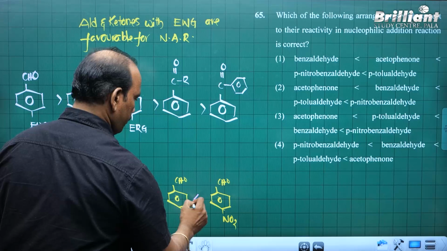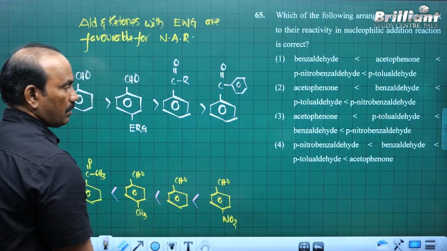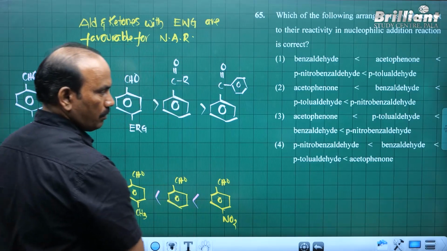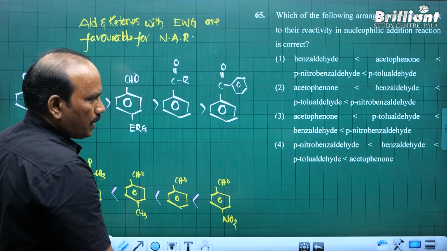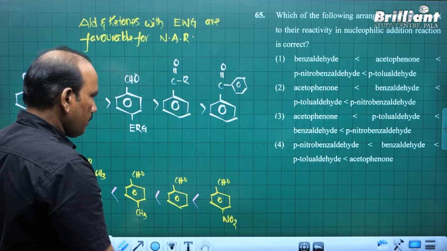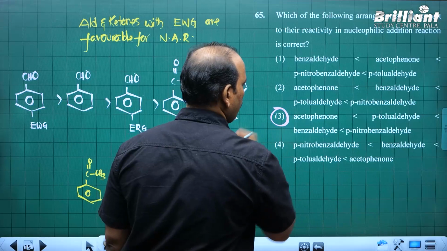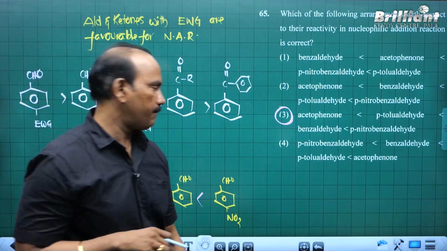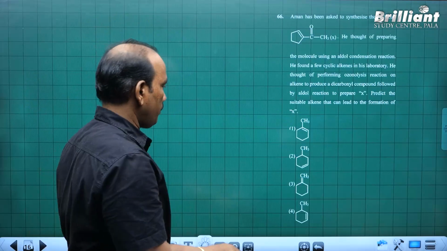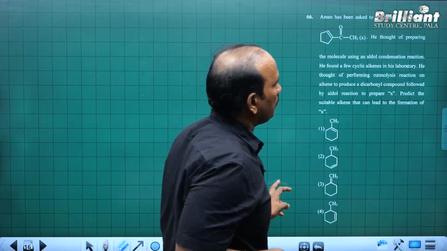What is the order? Acetophenone, para-tolualdehyde, next benzaldehyde. This is the option. Clear? Okay.